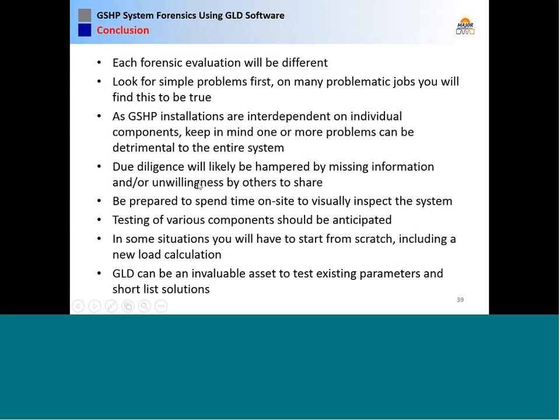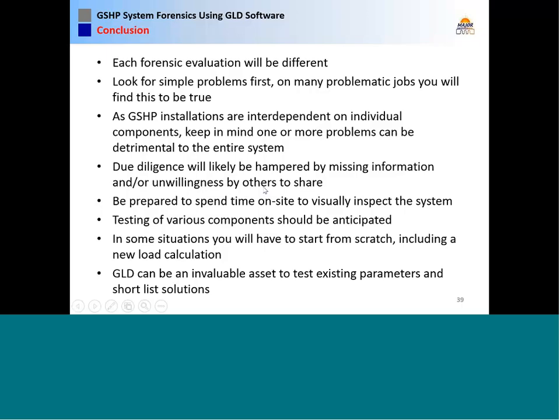When we do due diligence on a forensic project, we start out by looking at all the paper first before we make a site visit, trying to get familiar with everything as much as we can and improve our due diligence before we get out on site to confirm things. Again, be prepared to spend some time on site, work with the building automation system if it has one, and do a lot of visual inspections. We also will test various components.